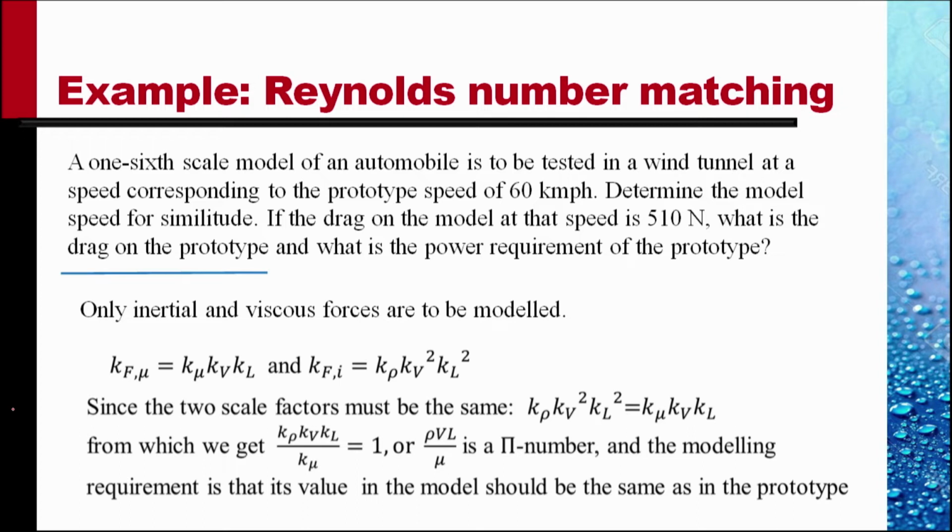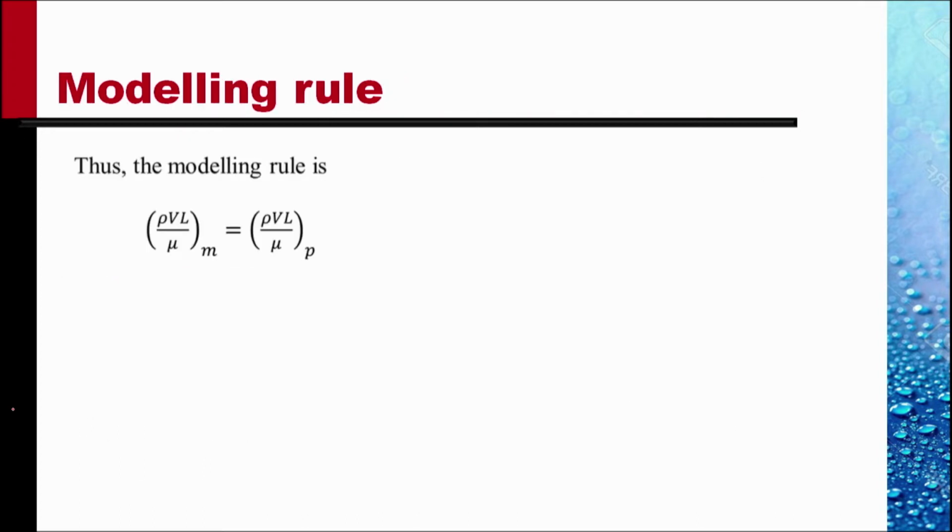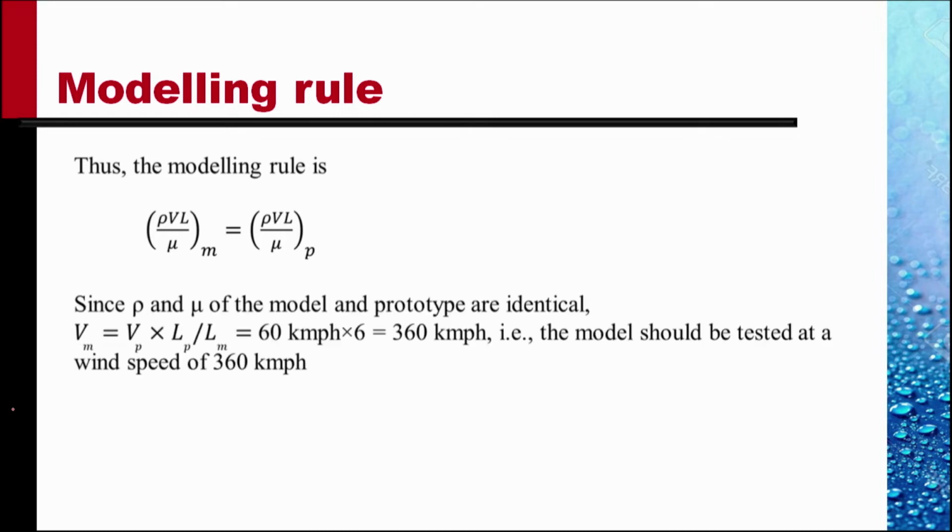The modeling requirement is that the value of this pi number for the model should be the same as for the prototype. Thus, we equate the value of this pi number for the model and the prototype to obtain the velocity for the model. Rho and mu for the model and prototype are identical, and so V for the model is V for the prototype times L of the prototype divided by Lm.